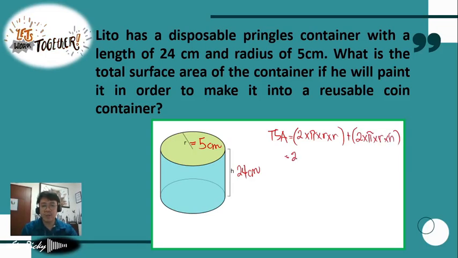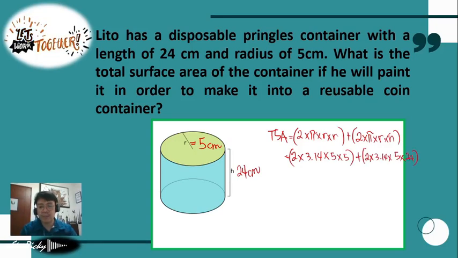So 2 times pi, which is 3.14, times r, which is 5, times 5, plus for the lateral face, 2 times pi, which is 3.14, times r, which is 5, times height, which is 24.